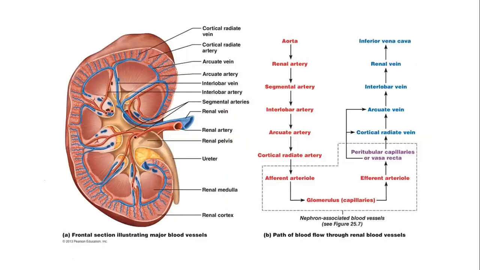Moving on to the blood supply of the kidney. In the gross anatomy, a student is supposed to know the names of the branches arising from the renal artery.